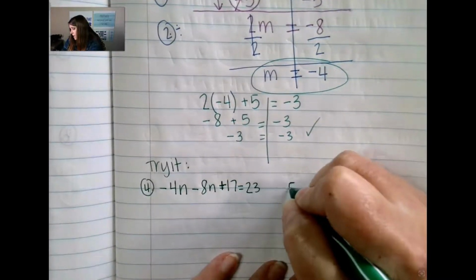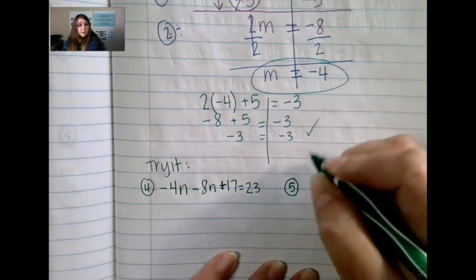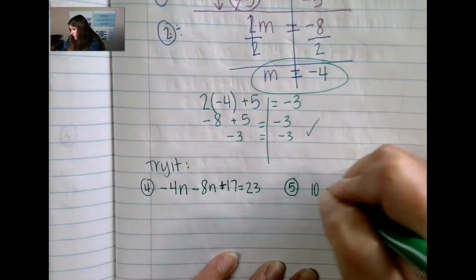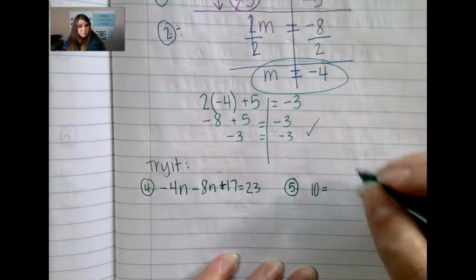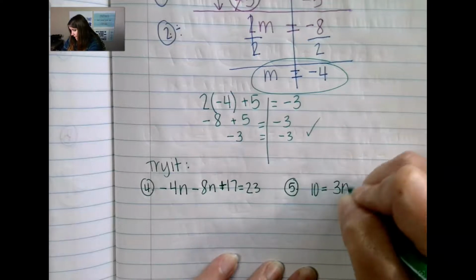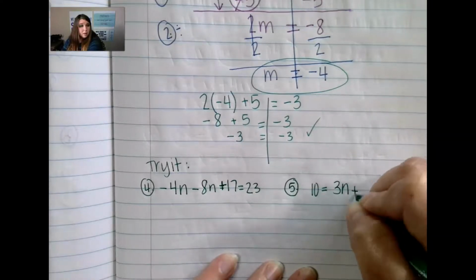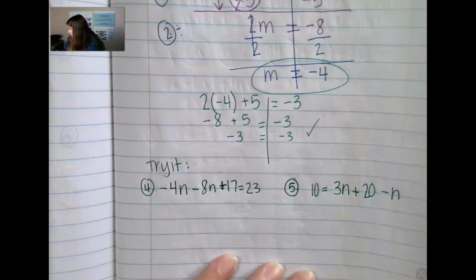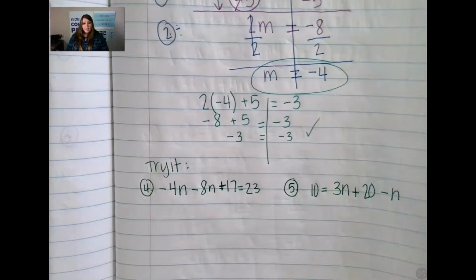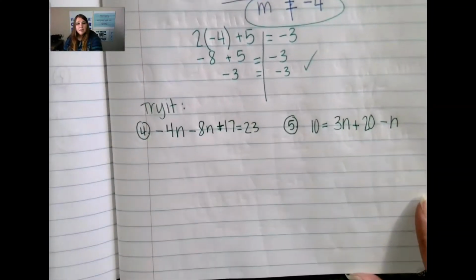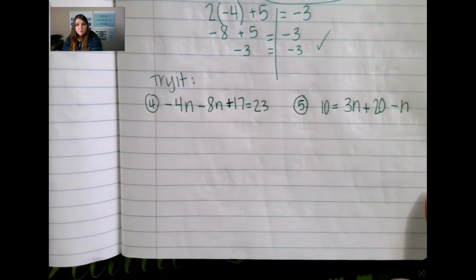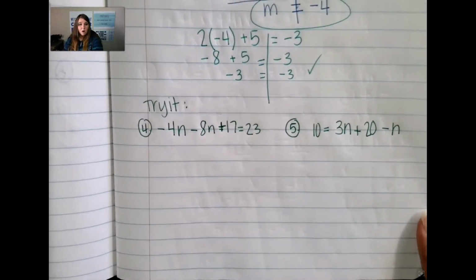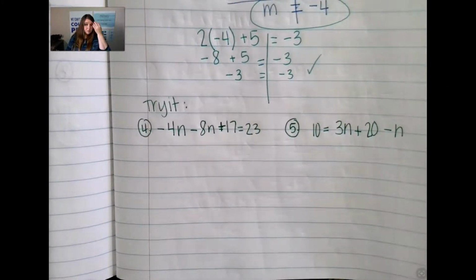And then try it number 5 says 10 equals 3n plus 20 minus n. Go ahead and do your try-its. Hit pause so you don't hear me solving, and then I am going to go ahead and solve these. So hit play when you are ready to hear the answers.